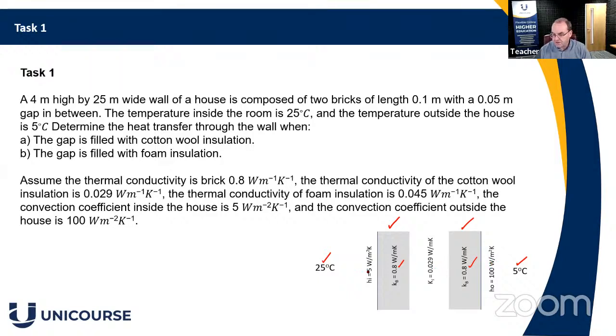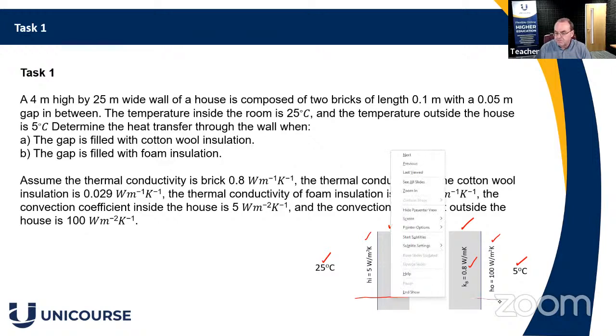We also added the convective heat transfer coefficient on the inner surface and the outer surface. So we've got all the information that we need now to determine the heat transfer through that system to the outside wall.